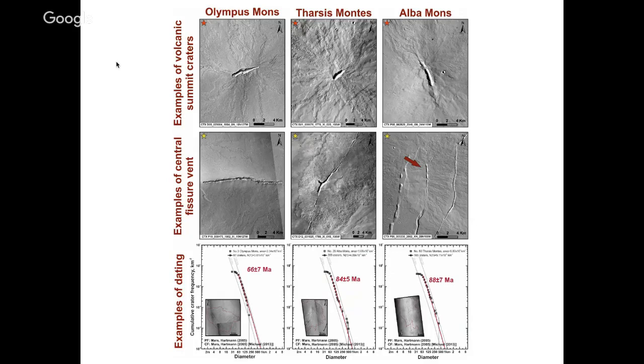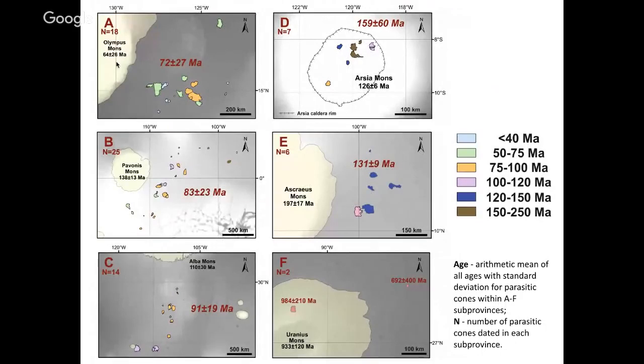Another thing that we did is dating. Here are some examples for Alba Mons, for Tharsis Montes, and for Olympus Mons. And here is the summary of our results, and you can see that the age of small cones is usually quite similar to the age of large cones.